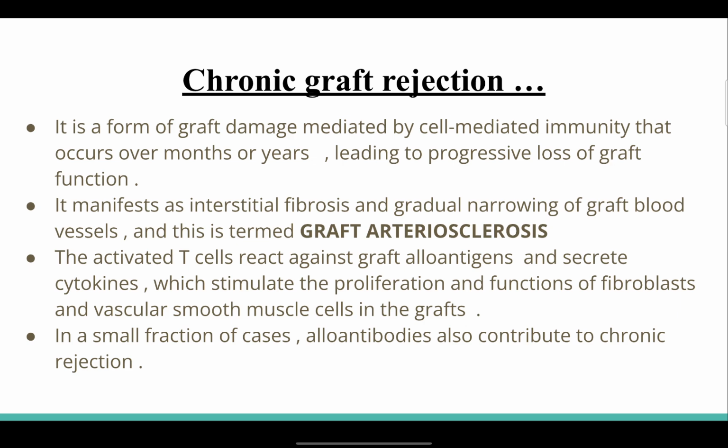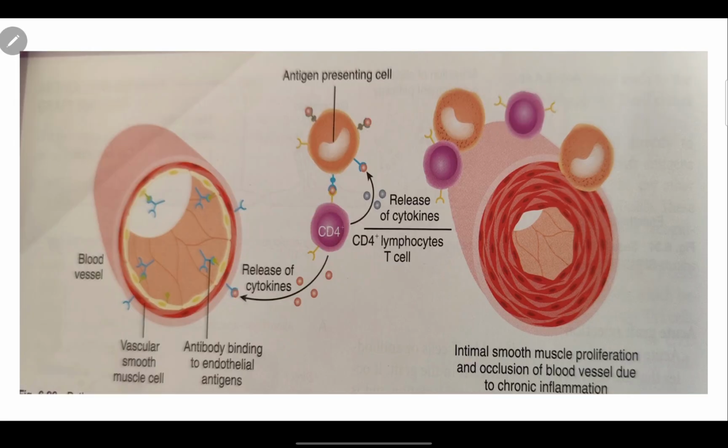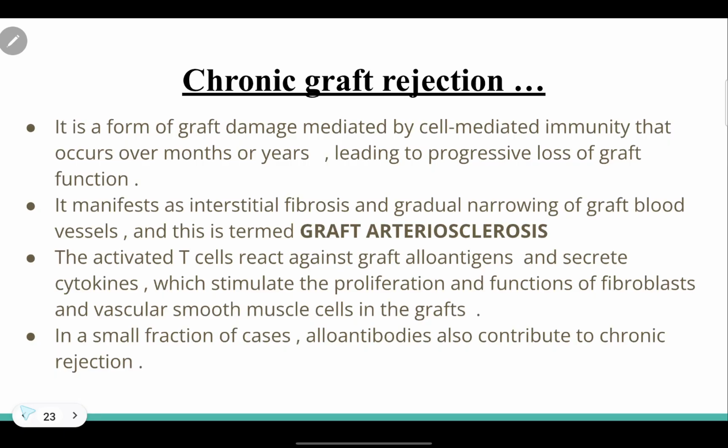Chronic graft rejection. It is a form of graft damage mediated by cell-mediated immunity that occurs over months or years, leading to progressive loss of graft function.